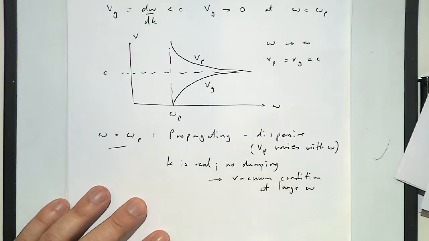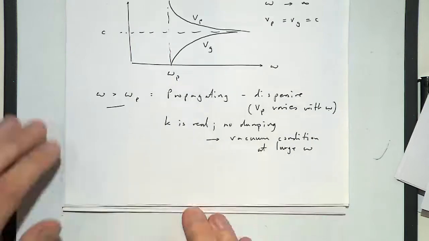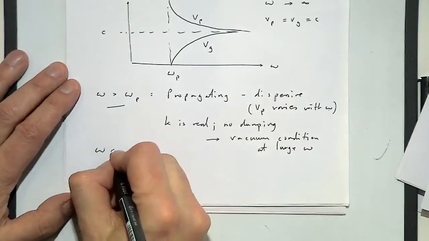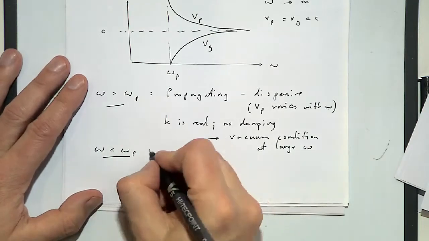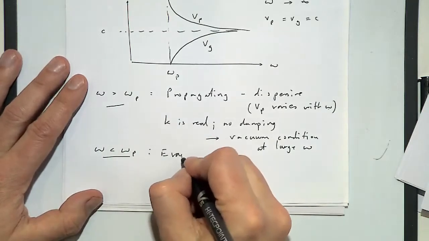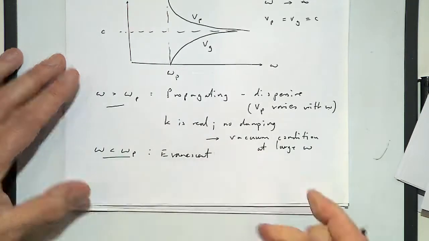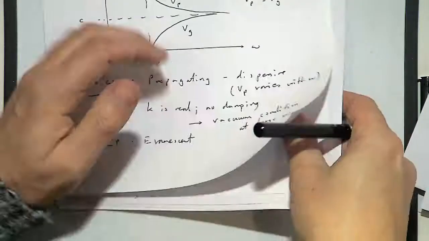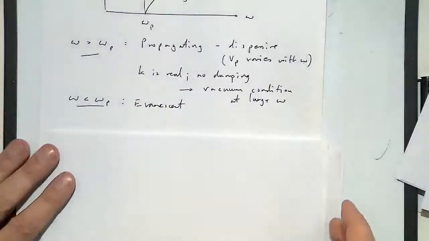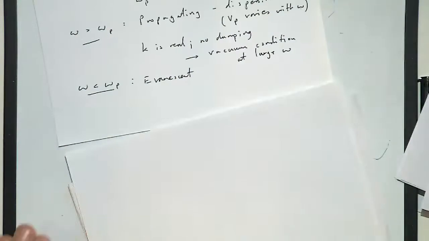Right? At omega less than omega p, that's one that's a bit weird. Well, of course, this is an evanescent situation. Okay. So I'll go to a fresh piece of paper there. It's an evanescent situation.